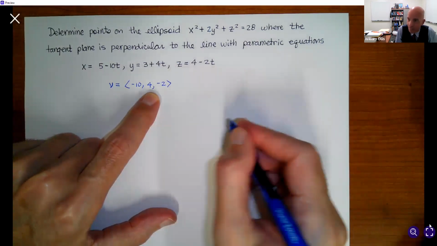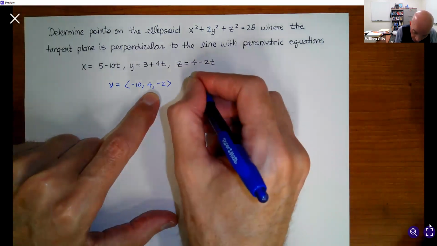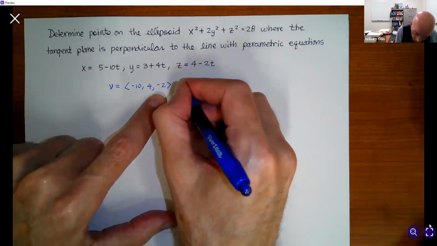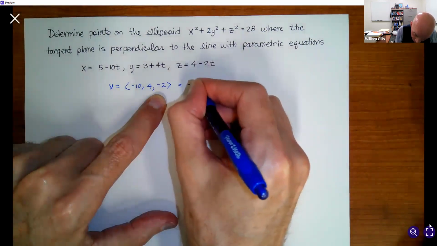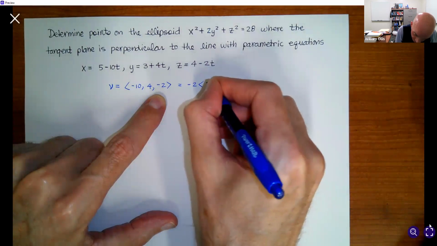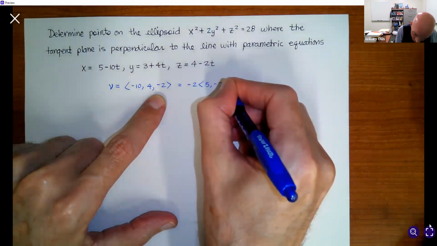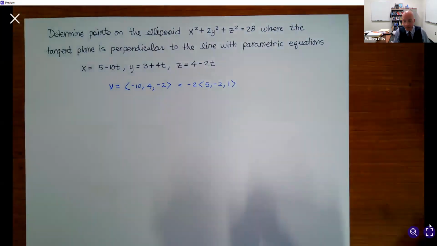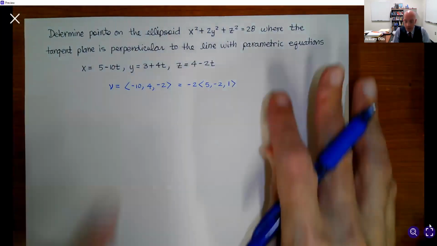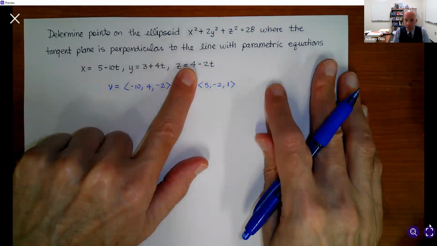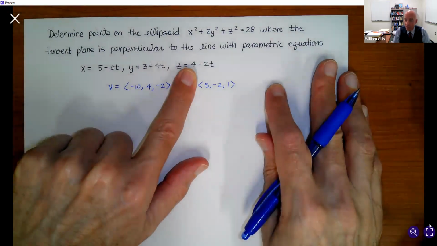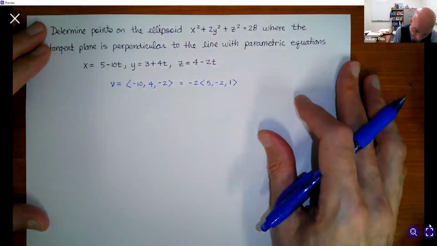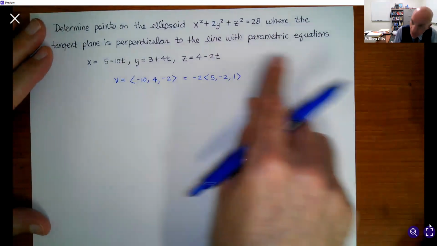We don't need extra numbers, so let's factor out a -2. This leaves us a 5, a -2, and a 1. So basically we have a vector that we can utilize in our computations, but that'll be a later step.